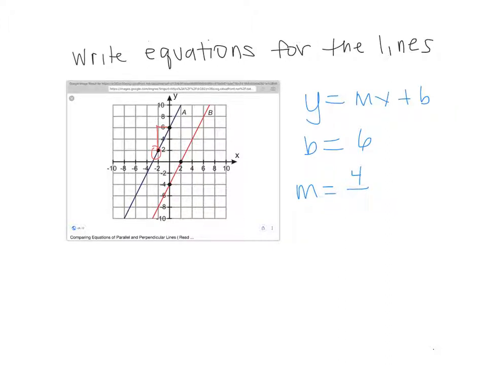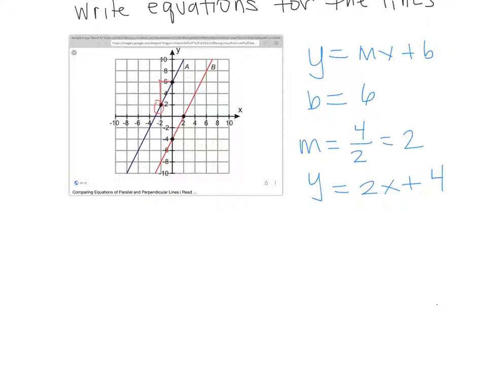So that's a positive 2. So we have up 4, to the right 2. So our slope is 4 over 2, which will simplify to 2. So that first line, the line that goes through that point A, has the equation y equals 2x plus 6.